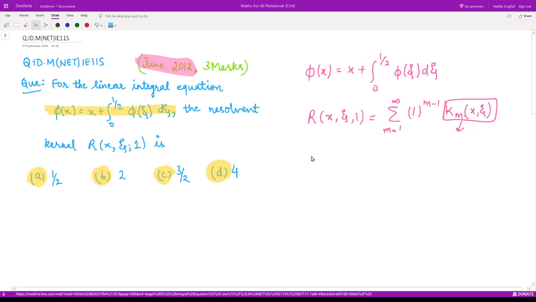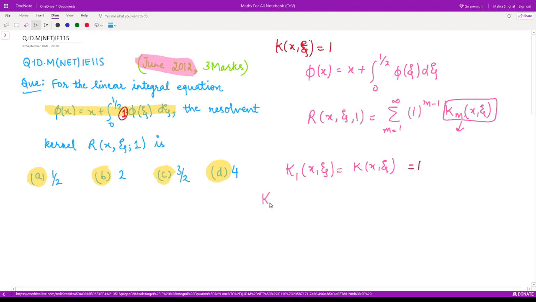And what is this K_m(x, xi)? This is the mth iterated kernel, whose value is calculated as follows. K1 of x xi is simply equal to the given kernel. What is the kernel in this case? In our question, the kernel K(x, xi) is equal to 1, because here no term is given, right? So it is equal to 1.